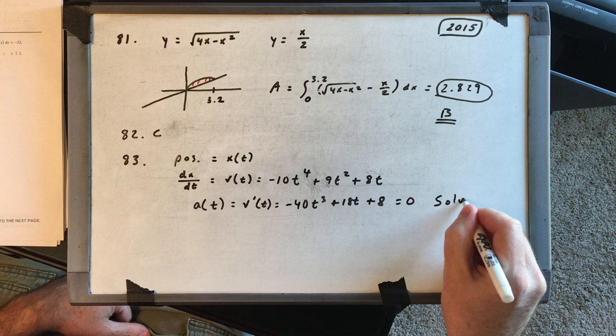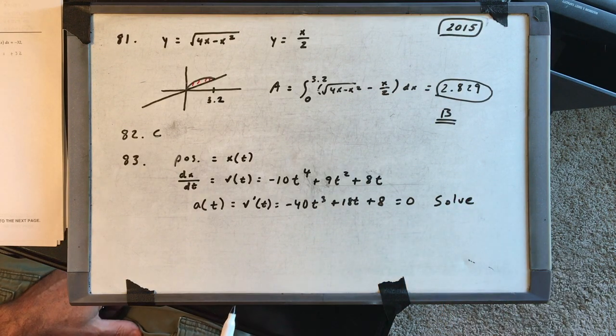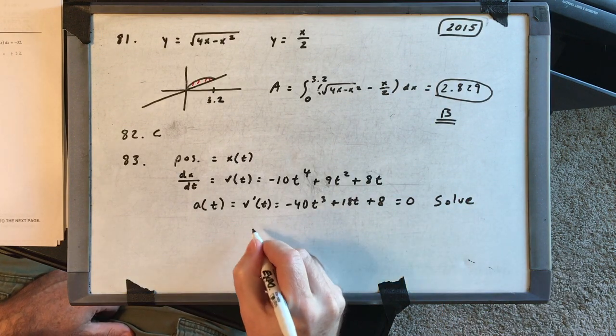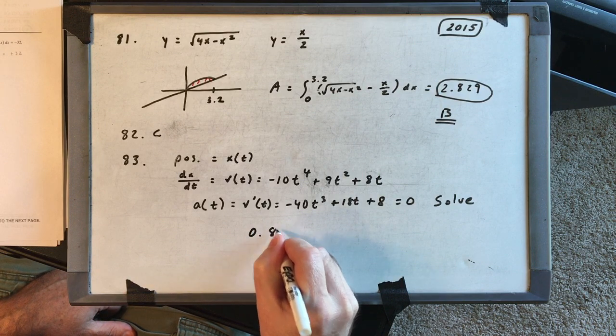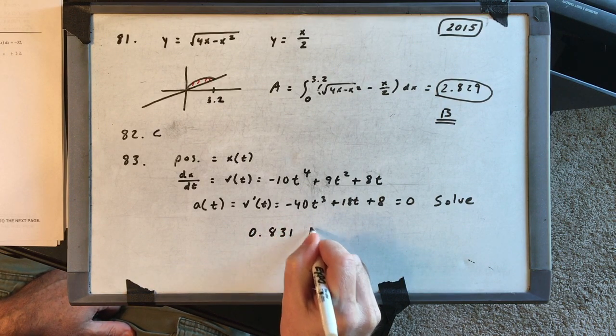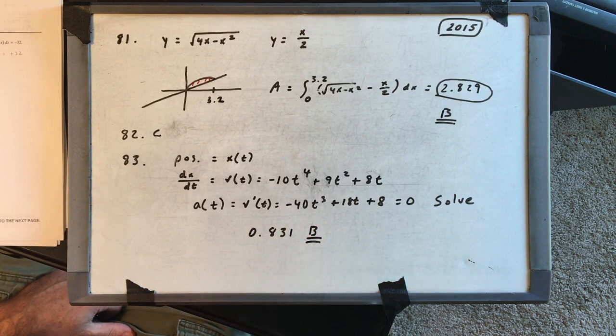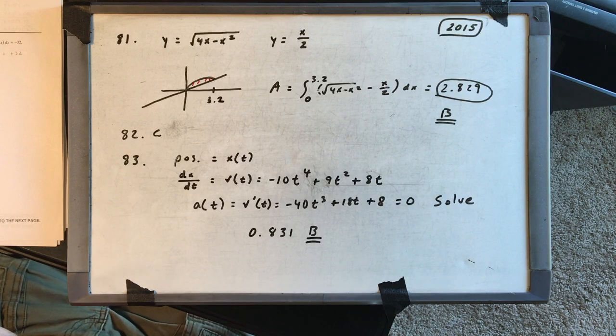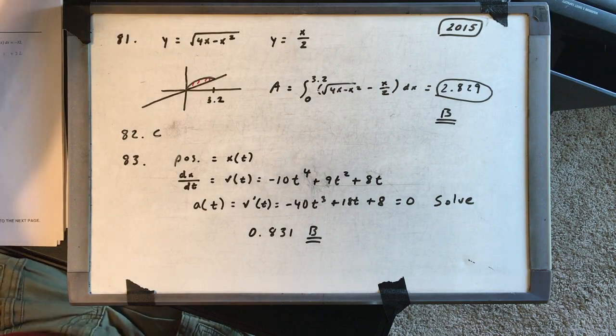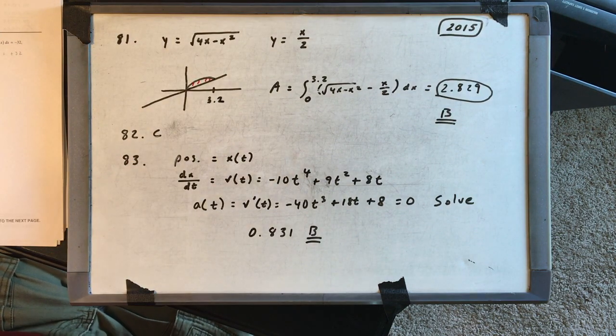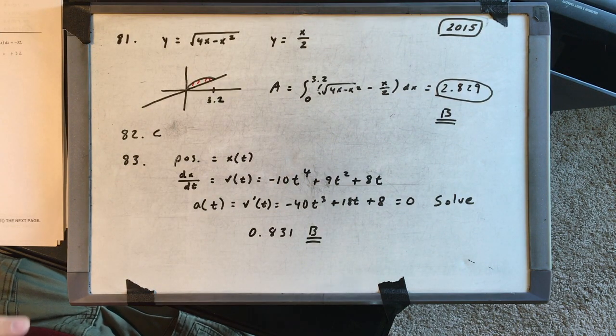Solve in your calculator. All right, and when you do that, you'll get 0.831. Go ahead and try that on your own if you want, just to keep practice going with your calculator. But that is selection B. All right, so about to erase if you need to pause.